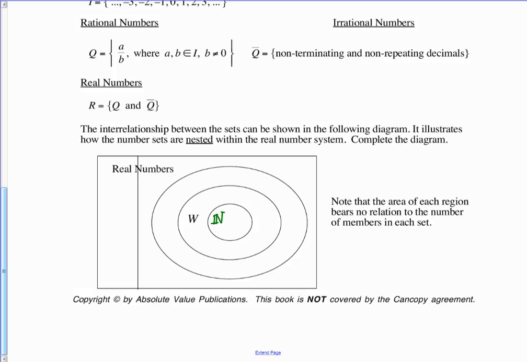The next smallest number system is the whole numbers. Okay, and that's already drawn on in your book. The whole number system is very similar to natural. There's only one extra number added: 0. It's the whole. Get it? Zero is like a whole. So now you know the difference, okay? You're like, which one has 0?